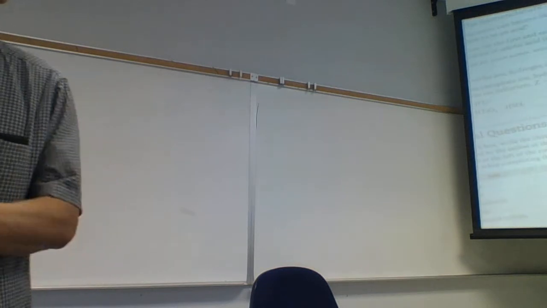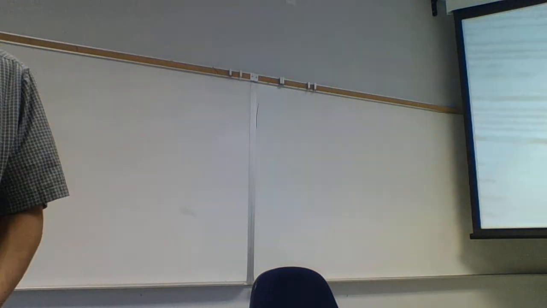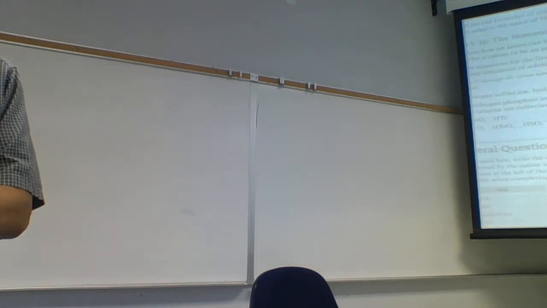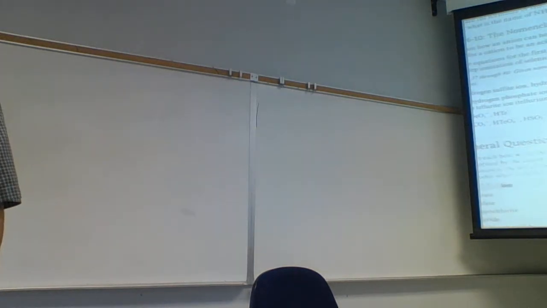All right, what we're going to do is continue with the nomenclature. The nomenclature is really important, so I want to spend time with it and make sure we're getting it.